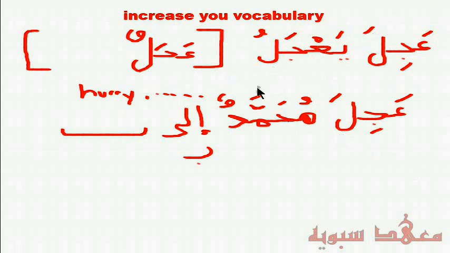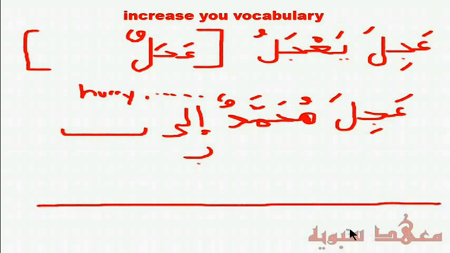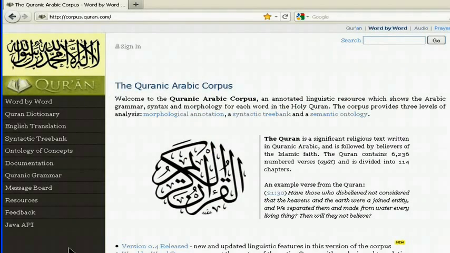And for each different verb, just put a line after it, and then you can go to the next verb. But anyway, the way I look for verses in the Quran is as follows. If you're not familiar with this website, this one here, corpus.quran.com, what I would do is go to the Quran dictionary.